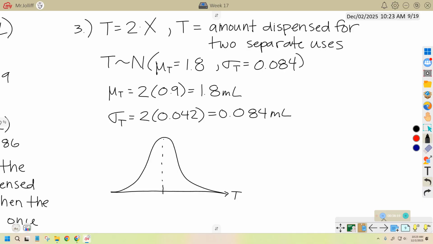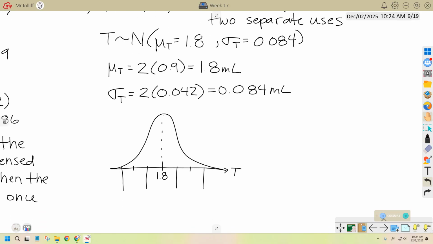Oh, I know that feeling. 1.8, hash marks, slightly better than the last one. 1.8 plus 0.084 is 1.884, 1.968, and 2.052.